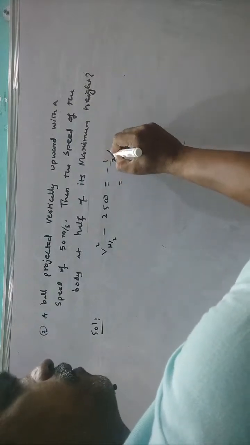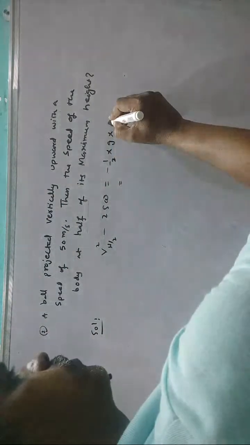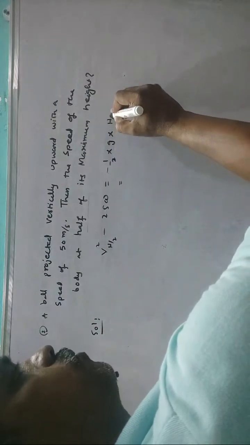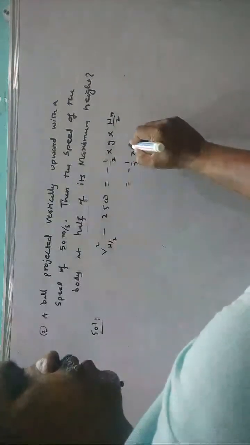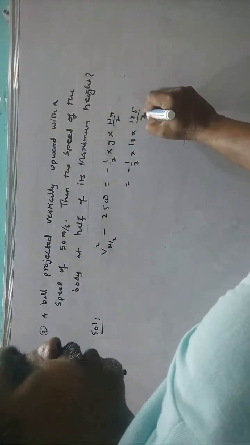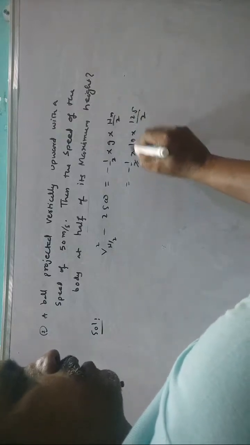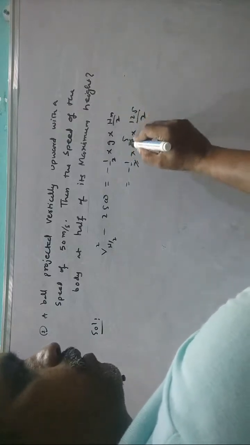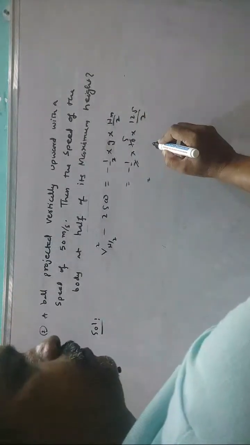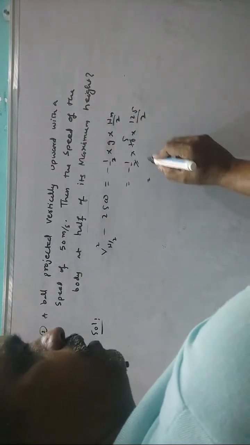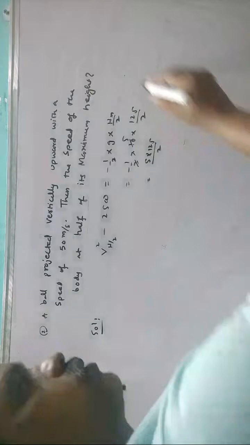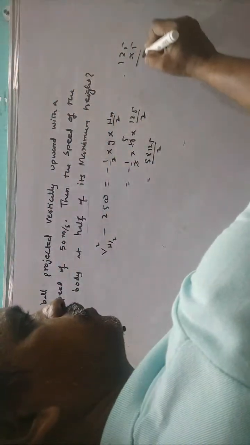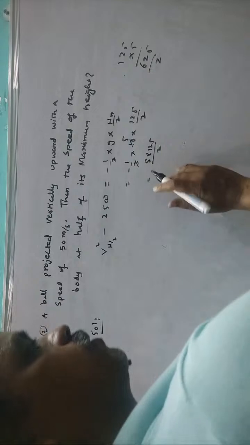So just substitute here: minus 1 by 2 into 10 into 125 by 2. So we'll get 125 into 5 by 2, that is 625 by 2.